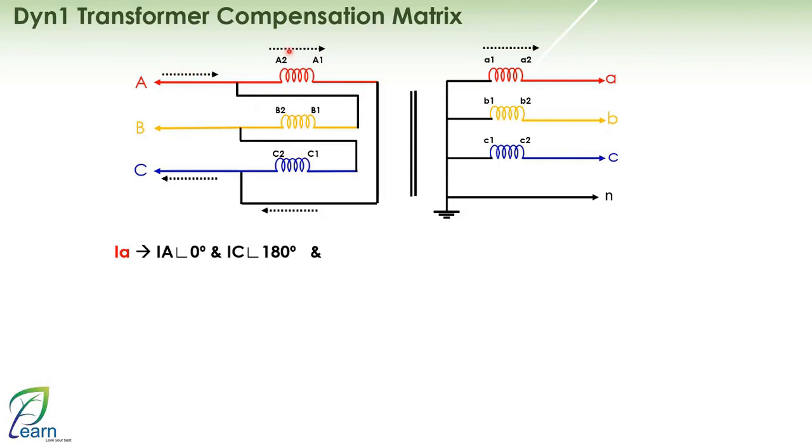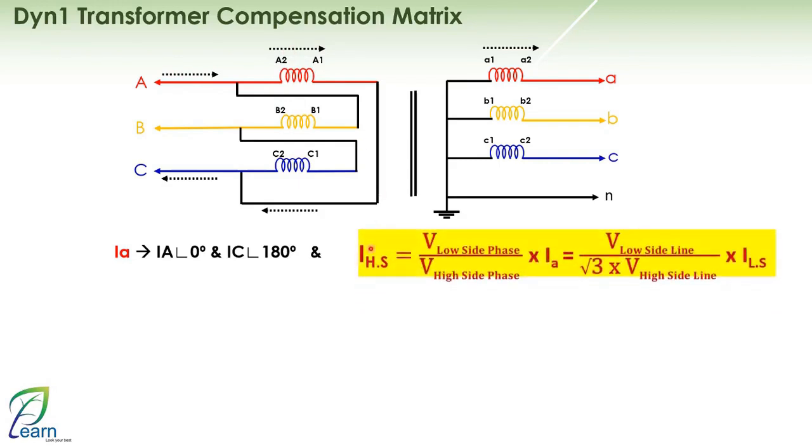So what is the phase current equal to? The current on the high side will equal the voltage on the low side as a phase over the voltage on the high side as a phase multiplied by the low side current, or the phase of the low side, which is the phase A current, since on the low side the phase equals the line over the square root of 3. Substitute it with the line over the square root of 3.